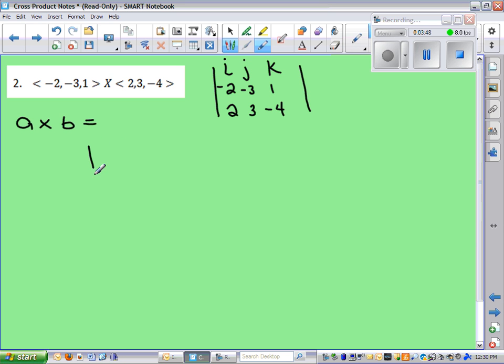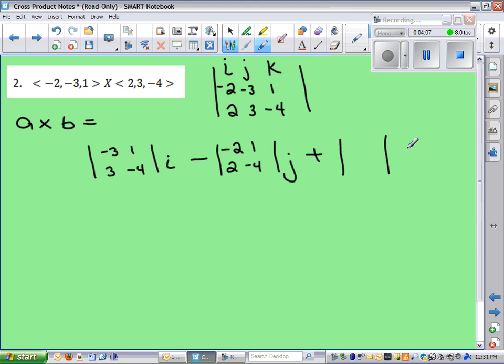We're looking for I first, so we'll leave out the I column: -3, 1, 3, -4, minus. The next one is J, so leave out the J column: -2, 1, 2, -4, plus. The next column is K, so we leave out the K column: -2, -3, 2, 3.